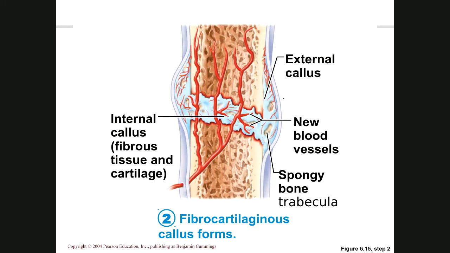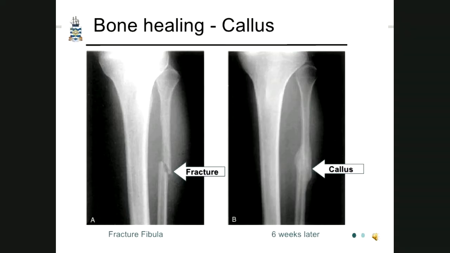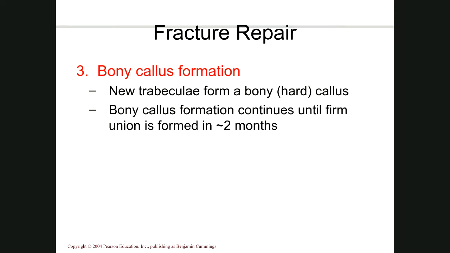And then we're going to start replacing this with bone, spongy bone. So spongy bone is going to form. If you look here, you can see the fracture. And look, there's the callus after it's formed. And then the next thing is we're going to replace that cartilage with bony callus, but remember it's spongy bone.